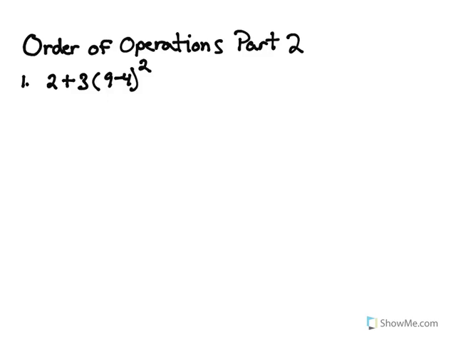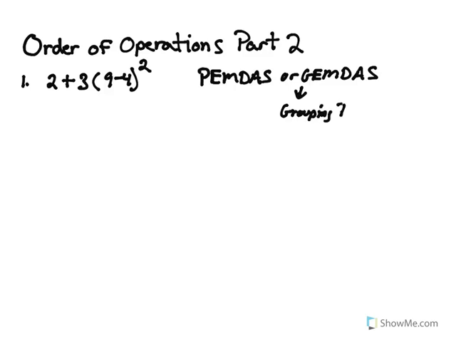this particular problem. And if you remember, we discussed, like I said, some of you may have learned it as PEMDAS. Okay, another common acronym is GEMDAS, because the G stands for grouping terms, meaning that parentheses will not be the only grouping term that you have to do first.